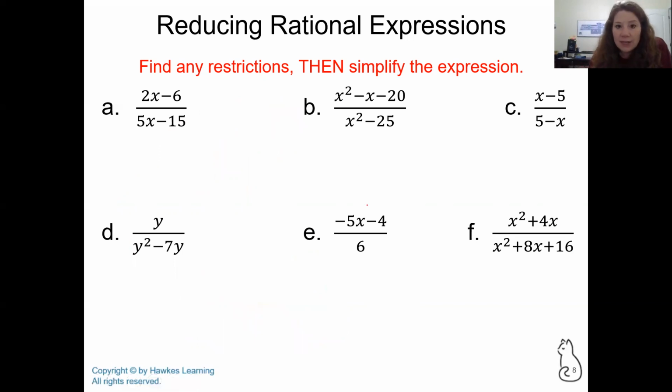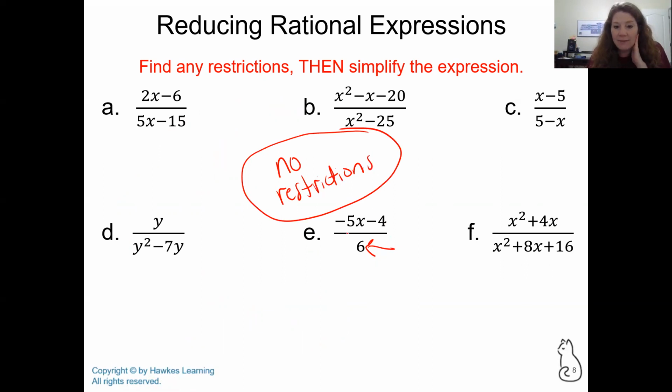All right, on letter E, there are no restrictions because the denominator is 6. There's no variable, so I could never turn a 6 into a 0. So letter E, the first answer is there are no restrictions because a 6 is not a 0. Not going to change that. And then if I simplify the numerator, all I could do is cancel out a -1.